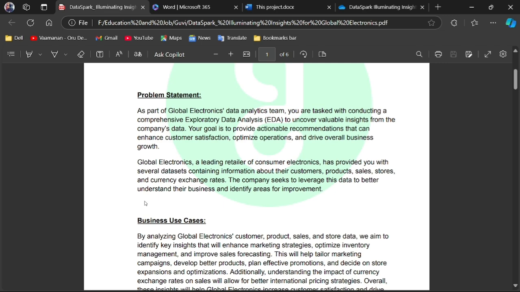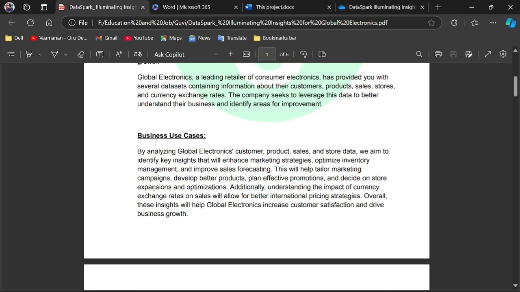It's a business case: by analyzing Global Electronics customer, product, sales and store data, we aim to identify key insights. Key insights means key information, like what we need from this table column and how we are going to use it.